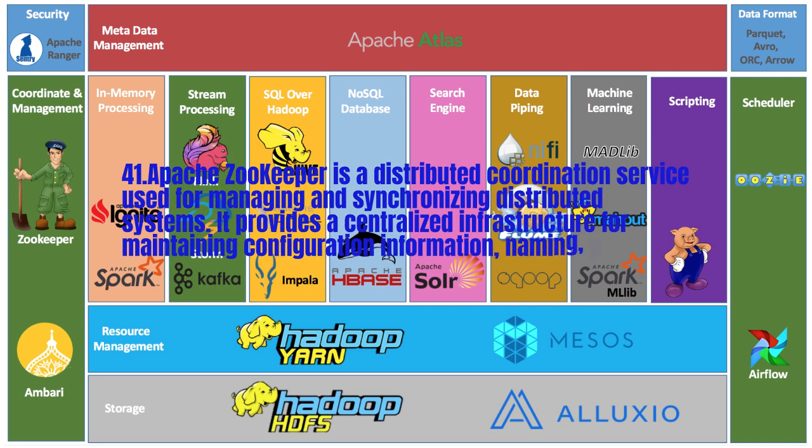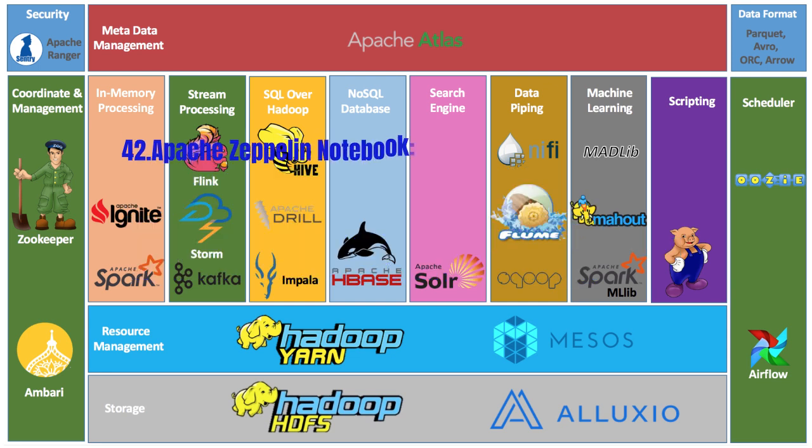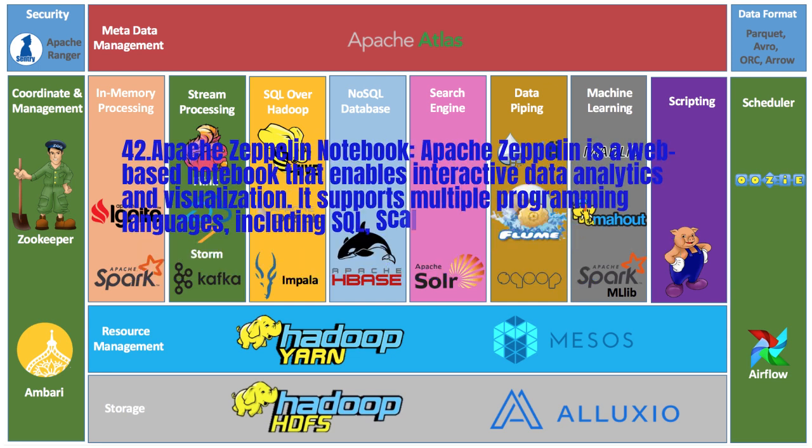Apache Zookeeper is a distributed coordination service used for managing and synchronizing distributed systems. It provides a centralized infrastructure for maintaining configuration information, naming, providing distributed synchronization and group services. And this is Apache Zeppelin notebook, also another framework.